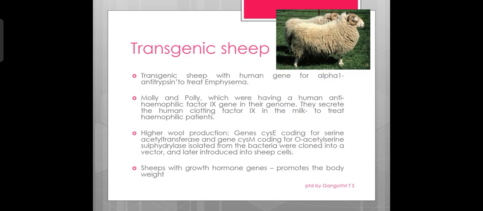Next is transgenic sheep. In July 2000, a success in inserting a transgene into a specific gene locus was reported. The gene was the human gene for alpha 1 antitrypsin.